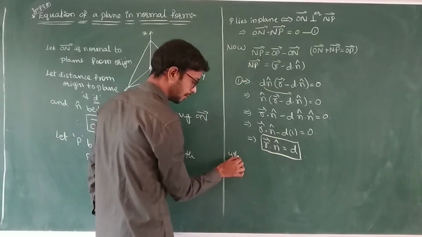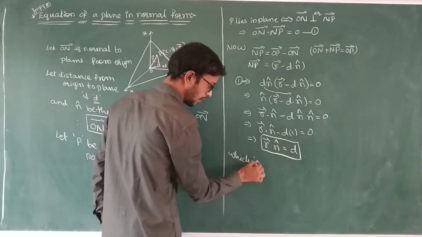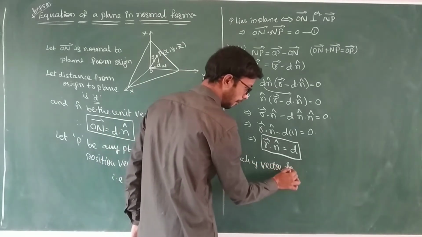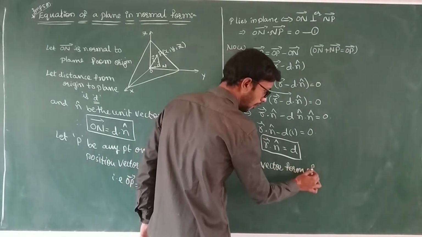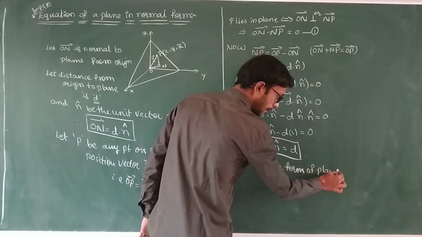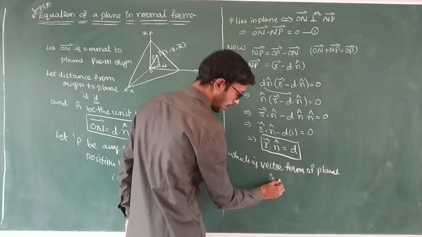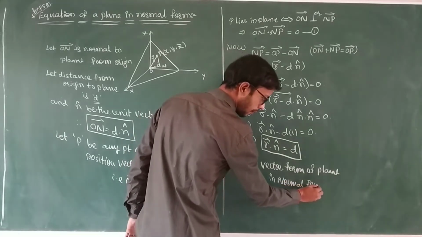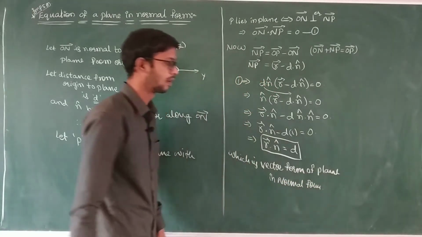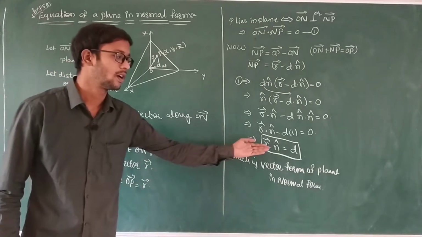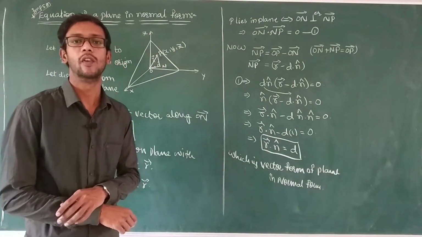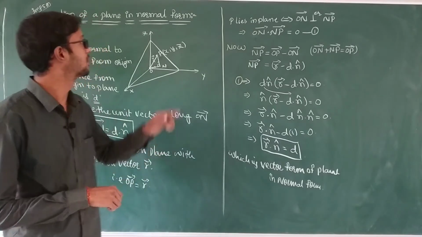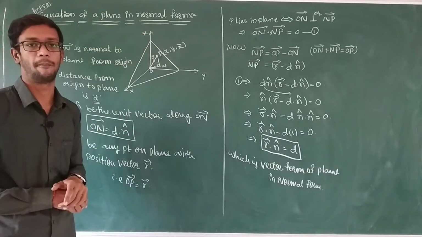Which is the vector form of a plane in normal form. R bar dot n cap is equal to d is the vector form of a plane equation in normal form.